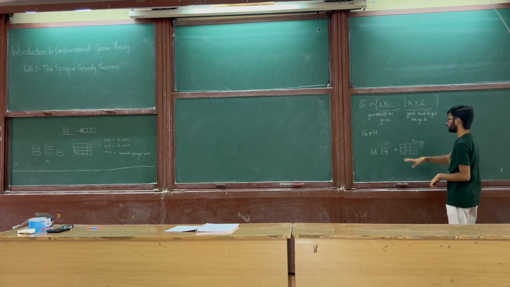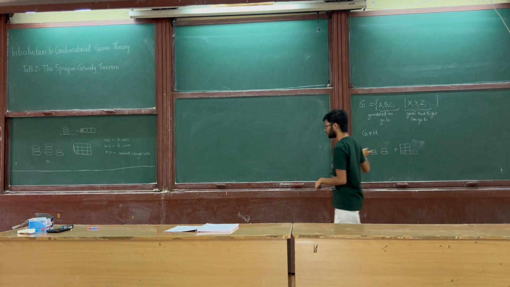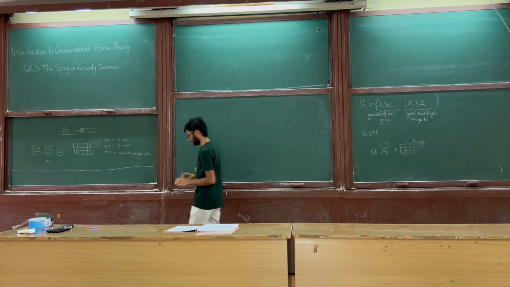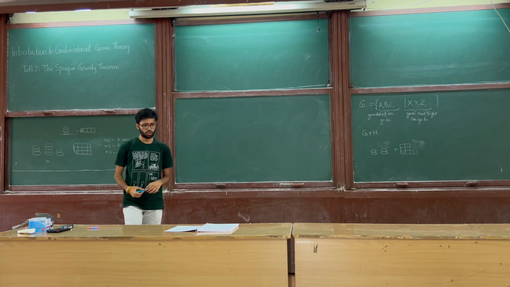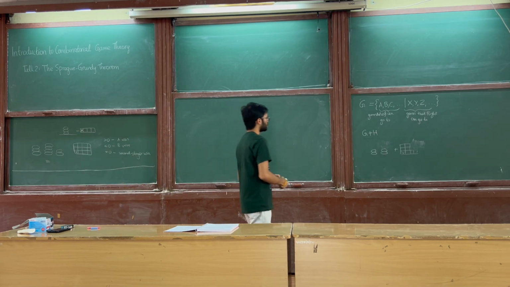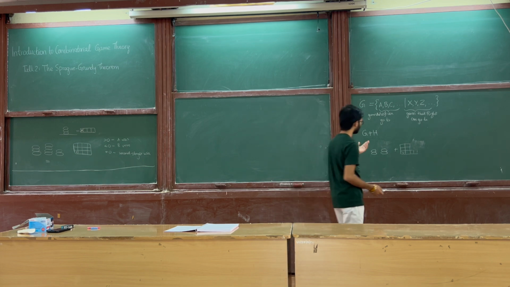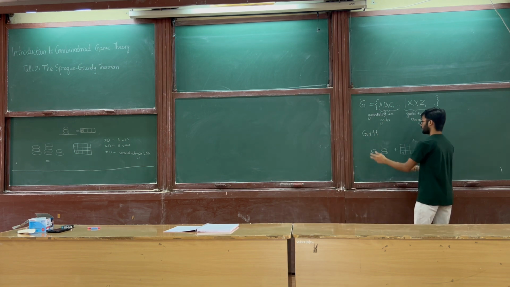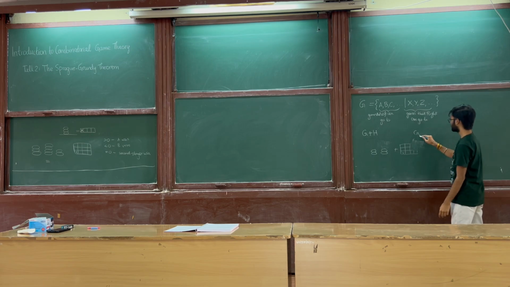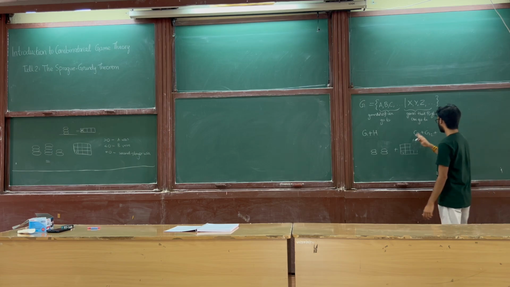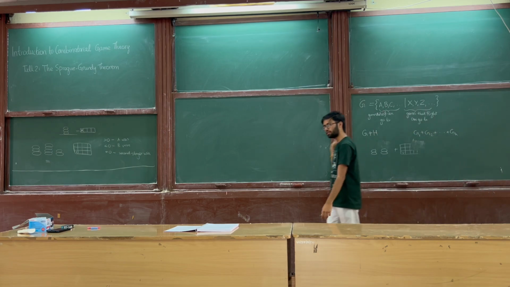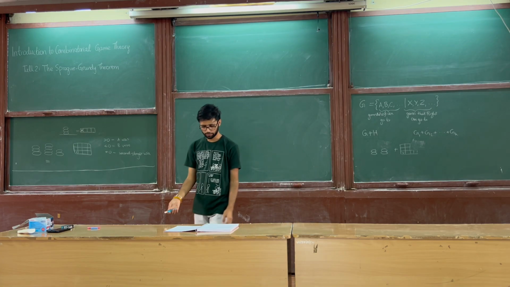It is more properly called the destructive sum, but we just refer to it as the sum because we are not going to see any other sums. One more thing I would like to say is that not just 2 games, I could add any number of games and it behaves the same way. A move is to pick one of these G_i and make a move there.